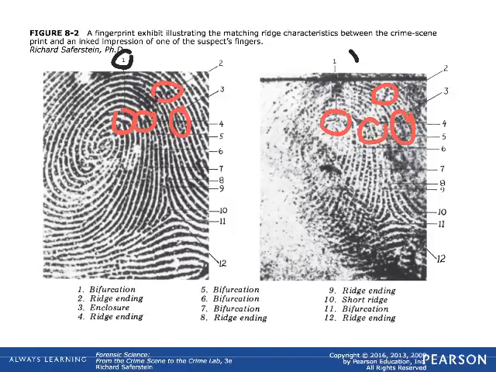So you can kind of see by looking at them, you see the similarities, and you can kind of see what they're looking for. Number 10 is a short ridge, not a very long ridge. There's another ending, but you can see how they're similar and how they're different.